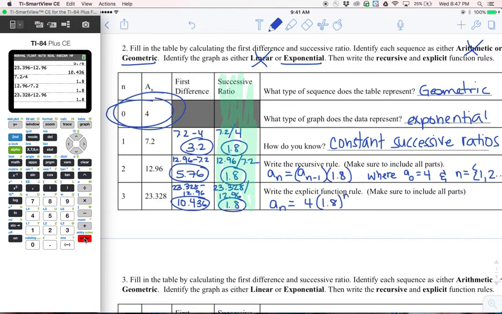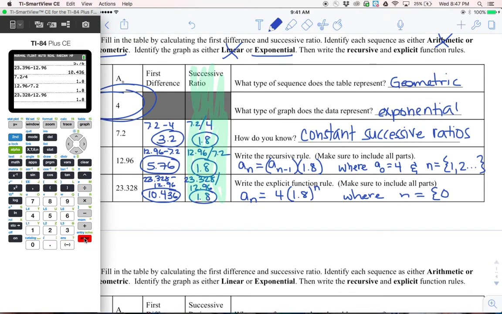And this time we just say to the power of n. We don't need this because the initial amount is part of the formula, but we do need to say where n starts. And this time we are allowed to use 0, right? Because I can put a 0 right here for n, and anything to the power of 0 is 1, so that still works. All right, and we can say 0, 1, 2, dot, dot, dot. Okay.